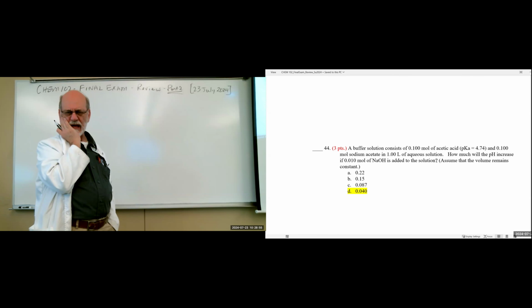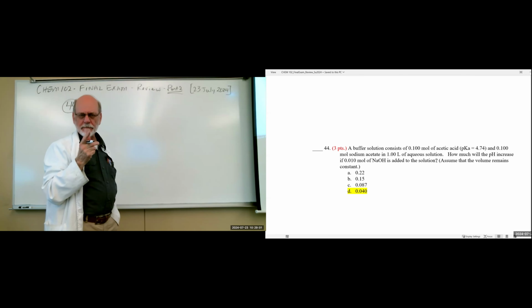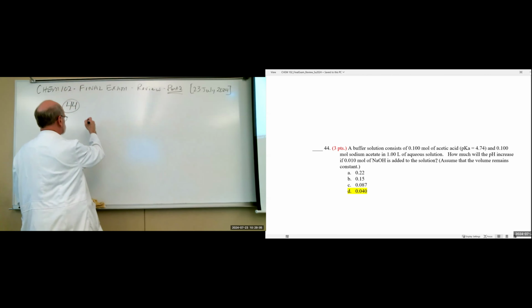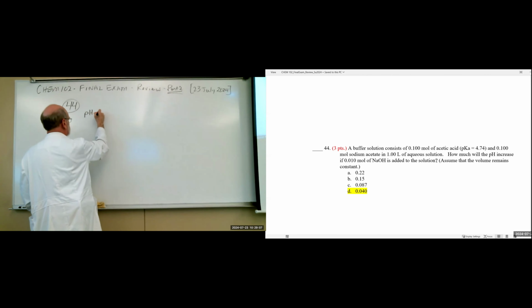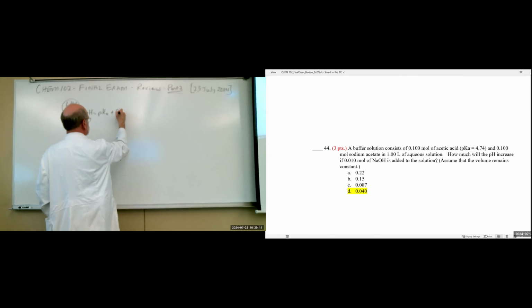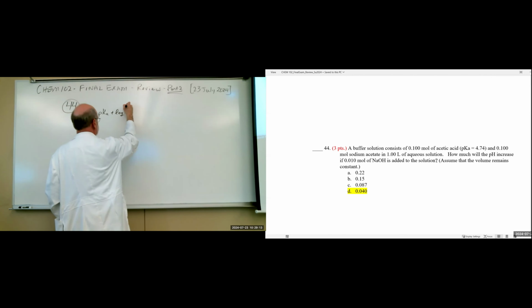Okay. I'm going to try to use Henderson-Hasselbalch on this one: pH equals pKa plus log of base over acid.